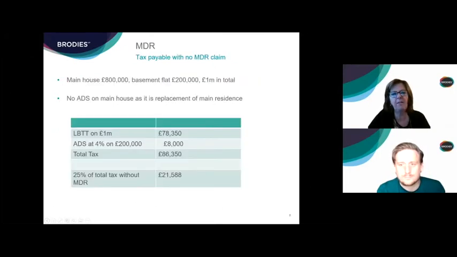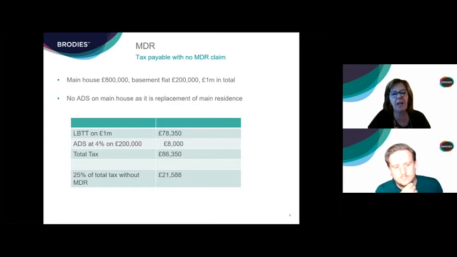So in the case that we talked about earlier, where the house was being bought for £1 million, the main house 800,000, the basement flat 200,000, the tax on the house is 78,350 and the ADS 8,000.